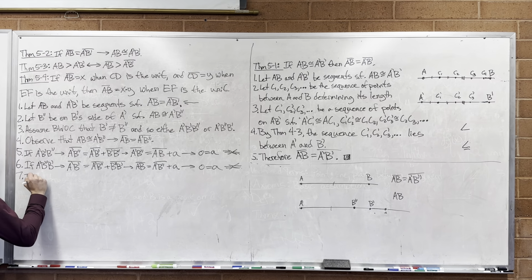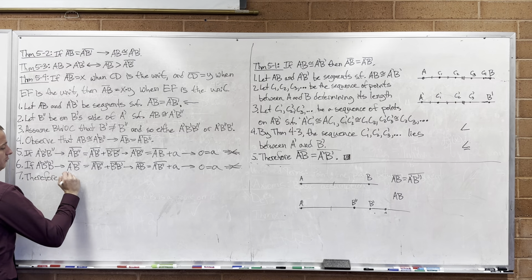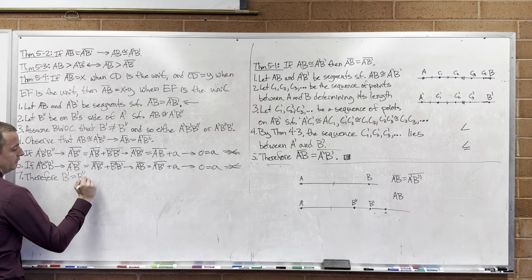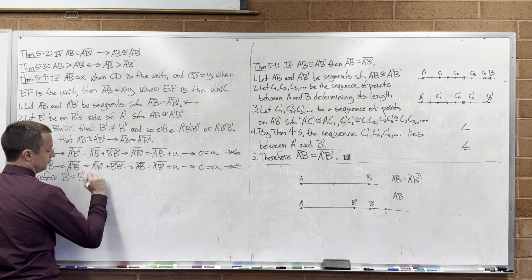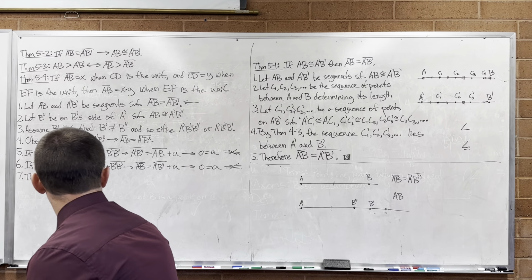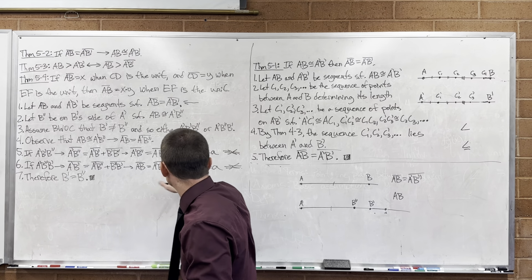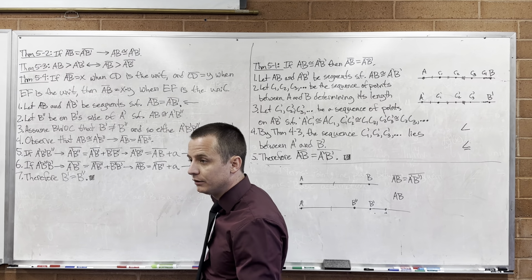Seven. Therefore, B prime has to equal B double prime. They have to be the same point. Make sense? We have the contradiction in this case and the contradiction in this case. Therefore, neither case can be true.